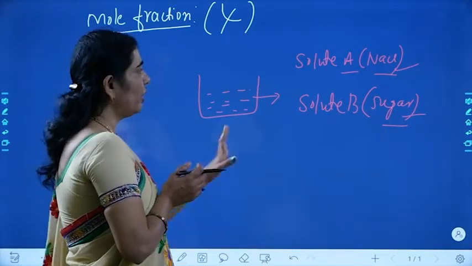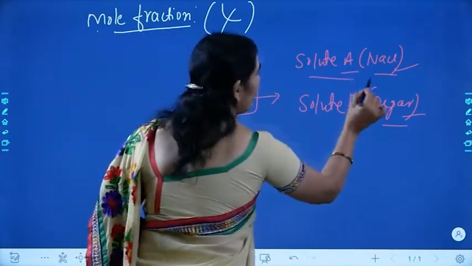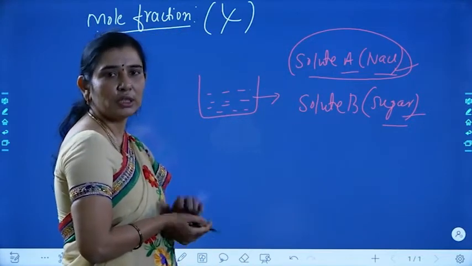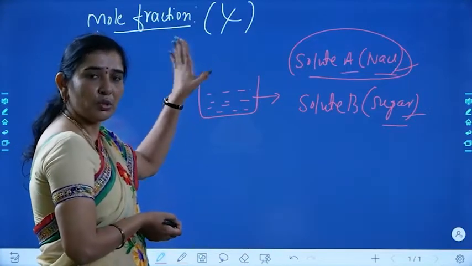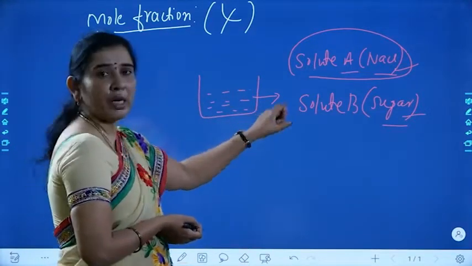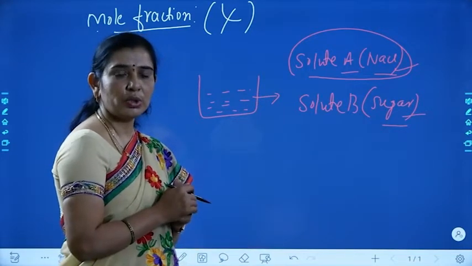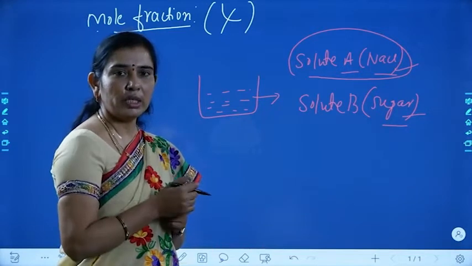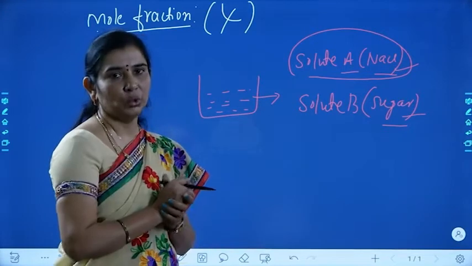So before that, one by one you have to find out. First, you have to find out how much sodium chloride is present in the solution. So how do you find out? See, this method is useful to determine the amount of individual components present in the solution, whenever the solution contains two or more different solutes.